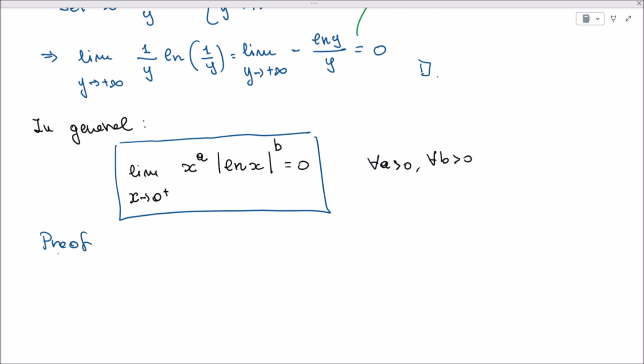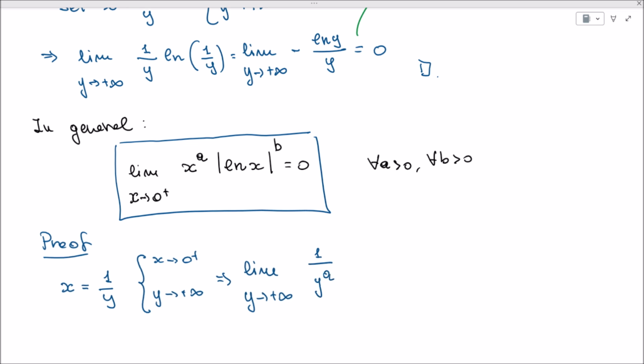So the proof is the following. If we once again set x equal to 1 over y, we have now that if x goes to 0 plus, y goes to plus infinity. So the limit is now the limit as y goes to plus infinity of 1 over y to the a multiplied by the absolute value of the logarithm.